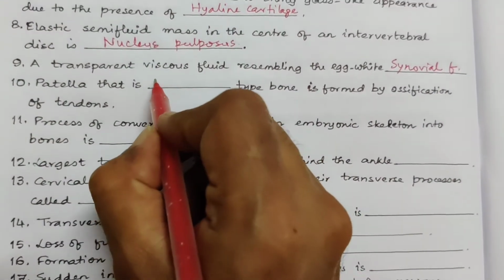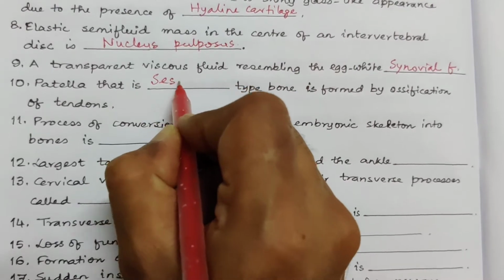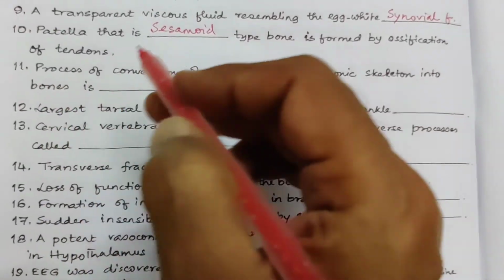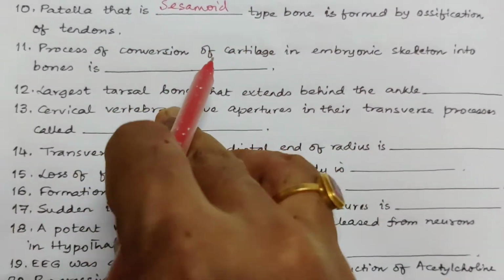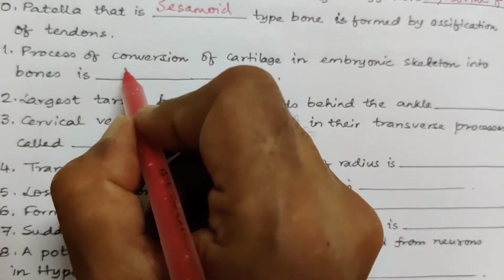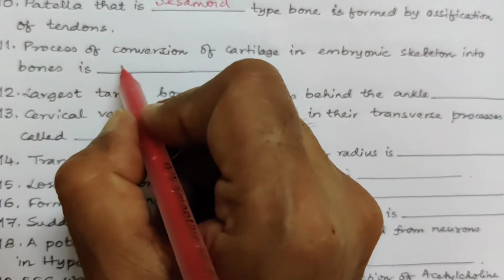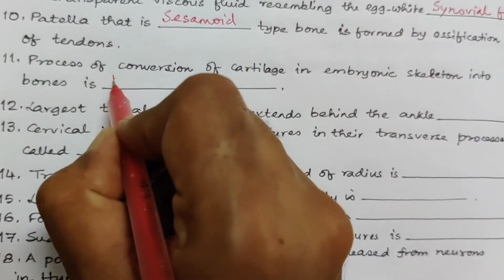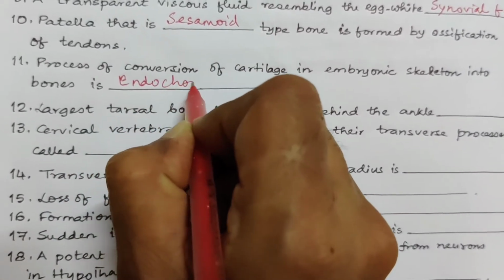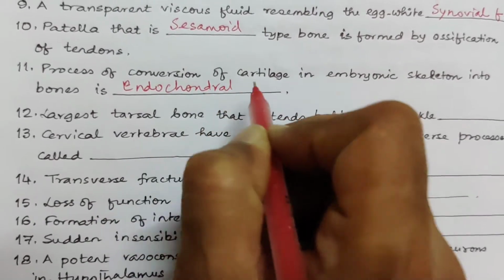Patella, that is a sesamoid type of bone. Sesamoid. Next is the process of conversion of cartilage in embryonic skeleton into bones is endochondral ossification.